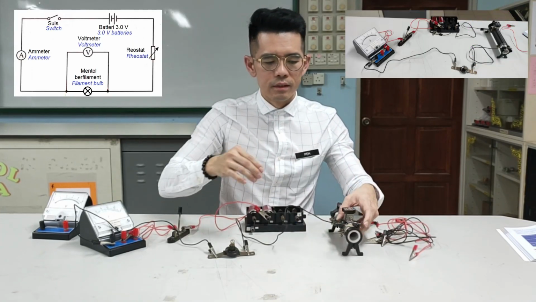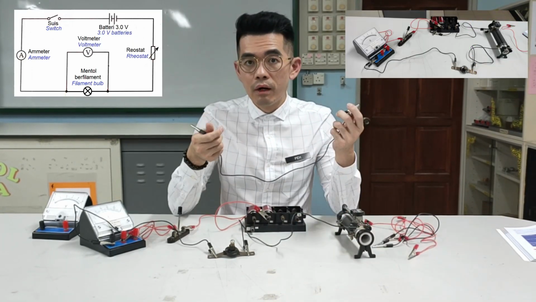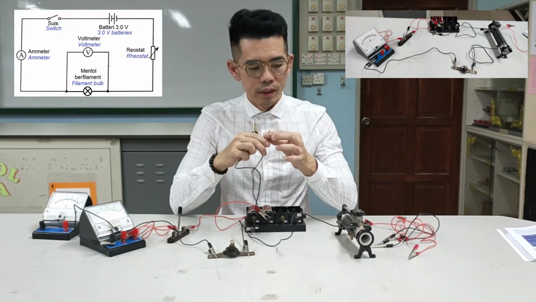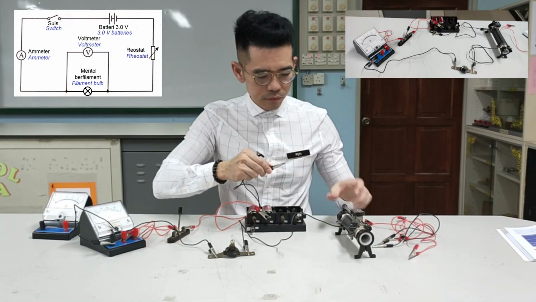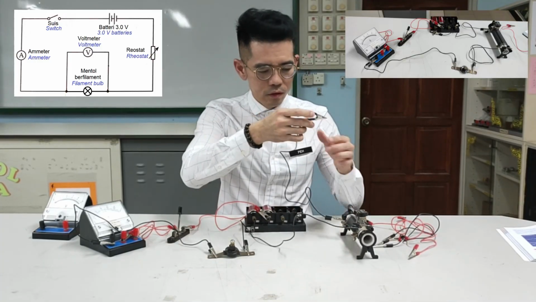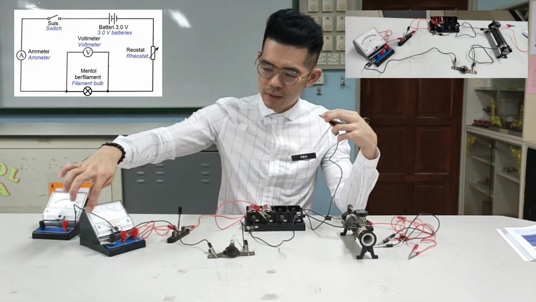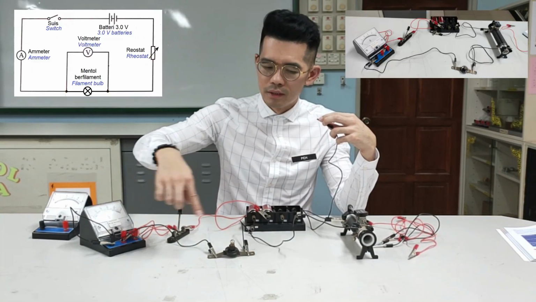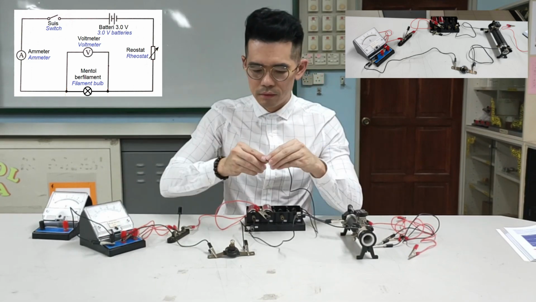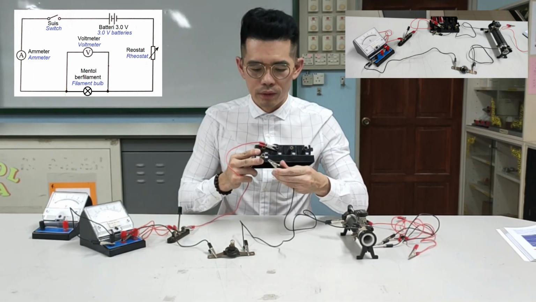So I connect the crocodile clip to the top first. Now I am going to connect to one of the buttons at the bottom. Here we will be connecting to the negative terminal. As the ammeter in this direction is connected to the negative terminal, it will go to the bottom button of the battery holder.